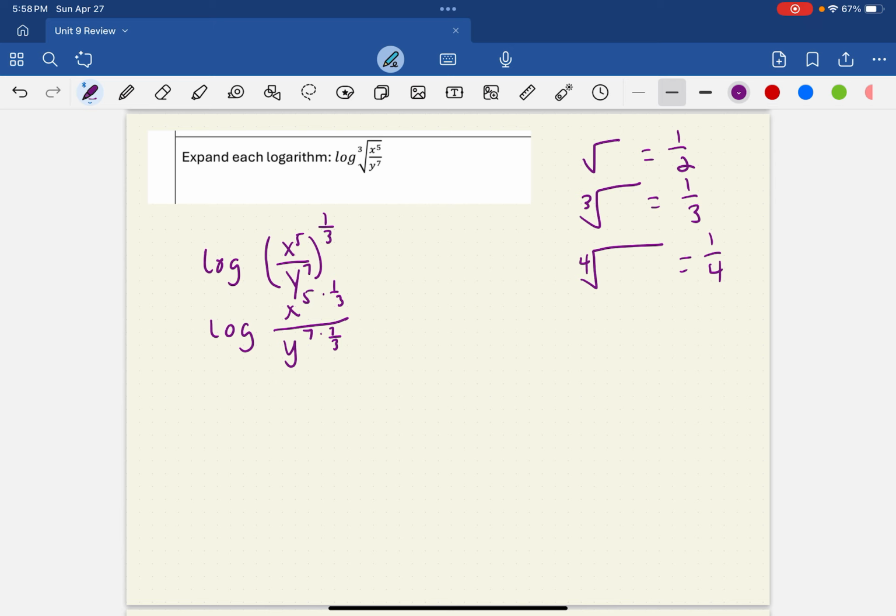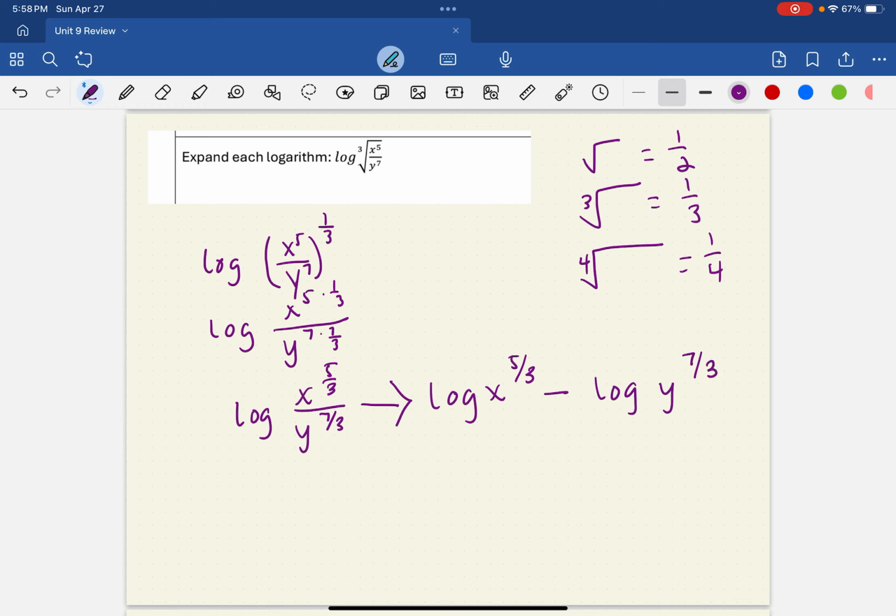So on top, I end up with x to the power of 5/3. On bottom, I end up with y to the power of 7/3. Okay, division means to subtract. So let's go ahead and log, minus sign. We have x to the power of 5/3, y to the power of 7/3.